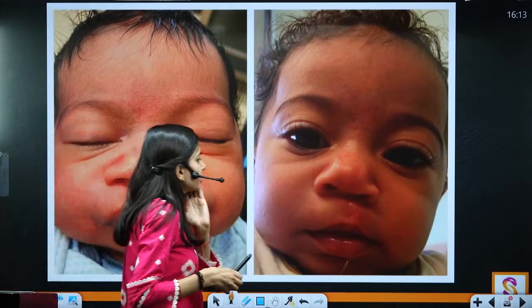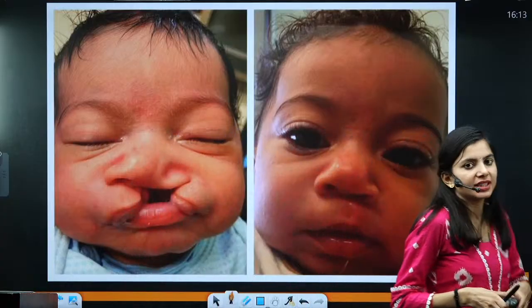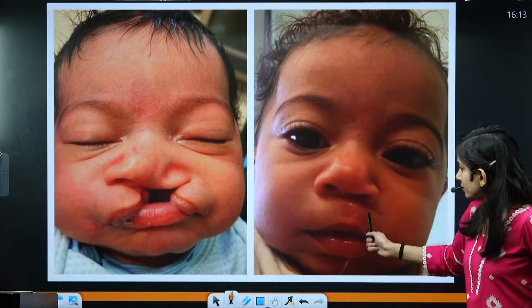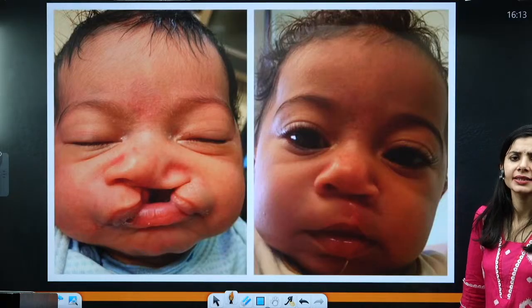Why? If your answer is no, then why? See, surgically we have removed that cleft palate as well as the cleft lip.